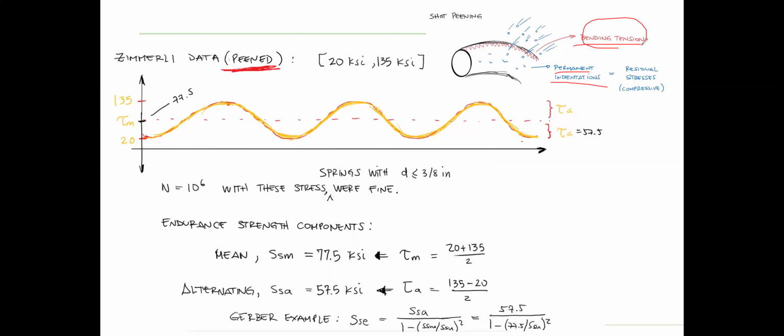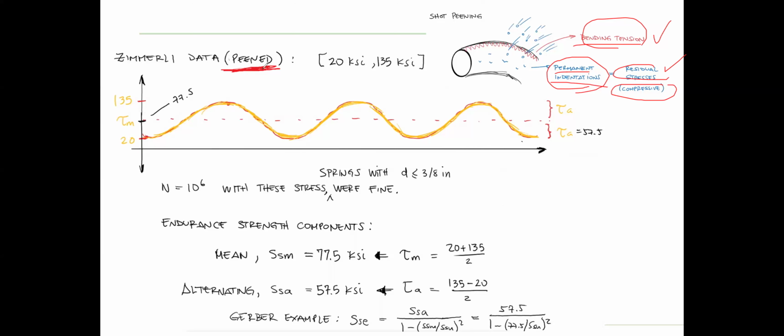And if this spring wire is pinned, that means we use the beads to shot its surface to generate the permanent indentation, and this indentation will induce the residual stress, which is compressive. Okay, so for this surface stress, which is combined with the tension and the residual stress, that means this spring has the strengthened surface, okay, strengthened surface.